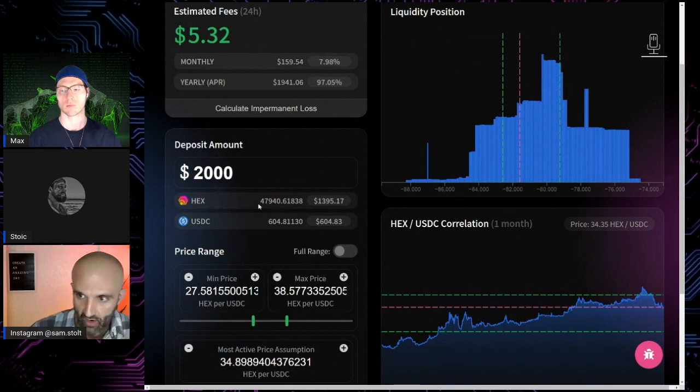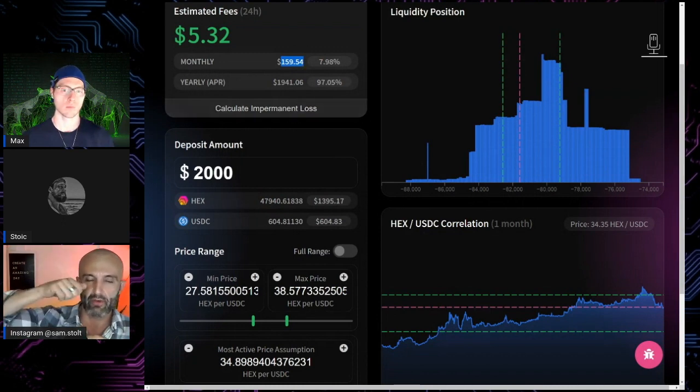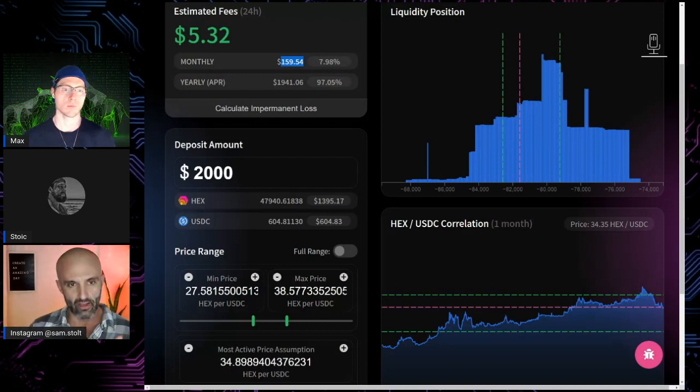So say you want more HEX, right? You have another wallet set up, you take your $150, say you earn that, you pull that twice a month, right? So you pull $75 and then you pull $75. So one way to think about this is you can use LP as a way to increase your DCA into any asset that you like.